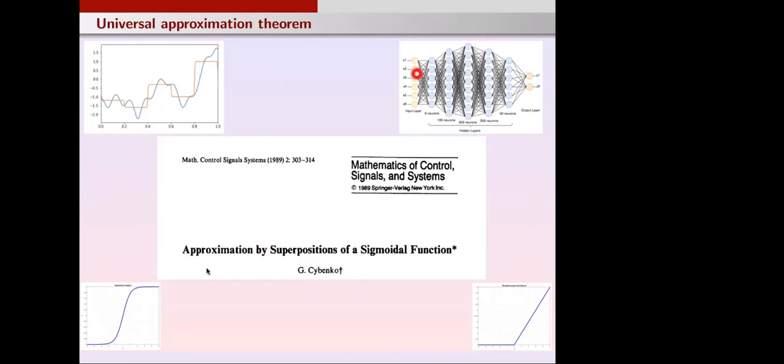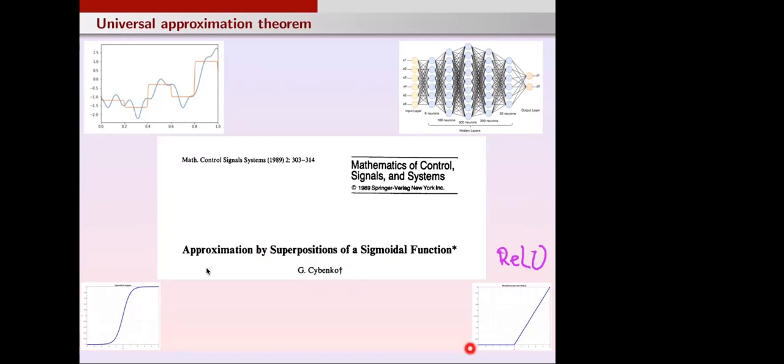You see here the typical drawing of a neural network, right? We see here two possible sigmoid functions. One is this smooth transition from 0 to 1, which is the hyperbolic tangent. And the other one is called ReLU, the rectified linear unit.